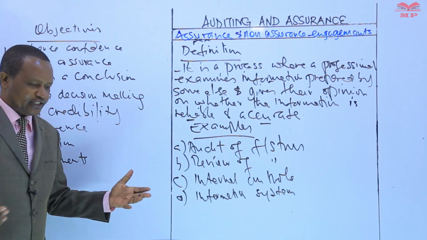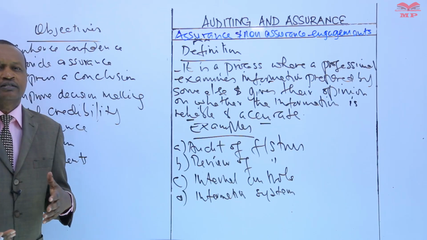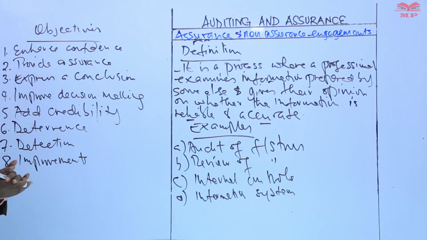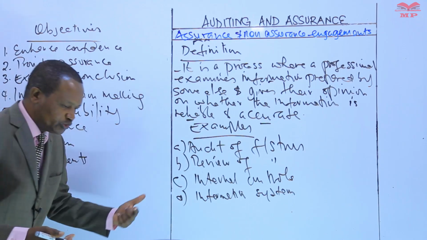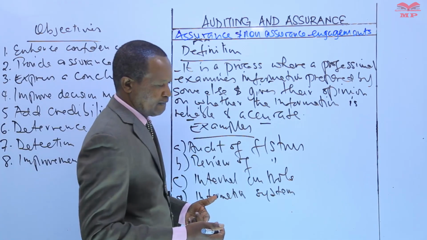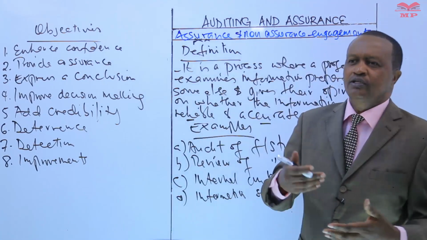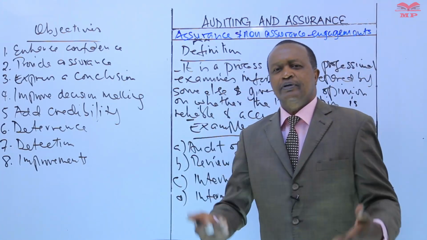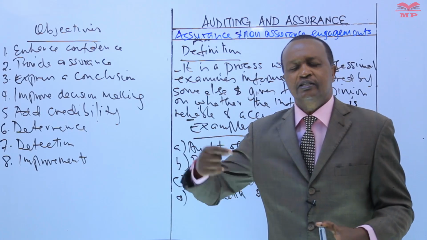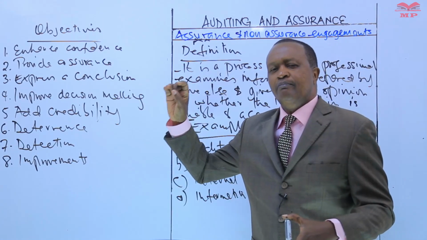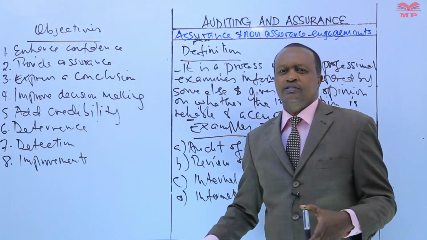So that is to say, candidates, that these objectives serve to protect the interests of the users of the information. Okay, because information prepared by an organization is meant for consumption by multiple stakeholders.